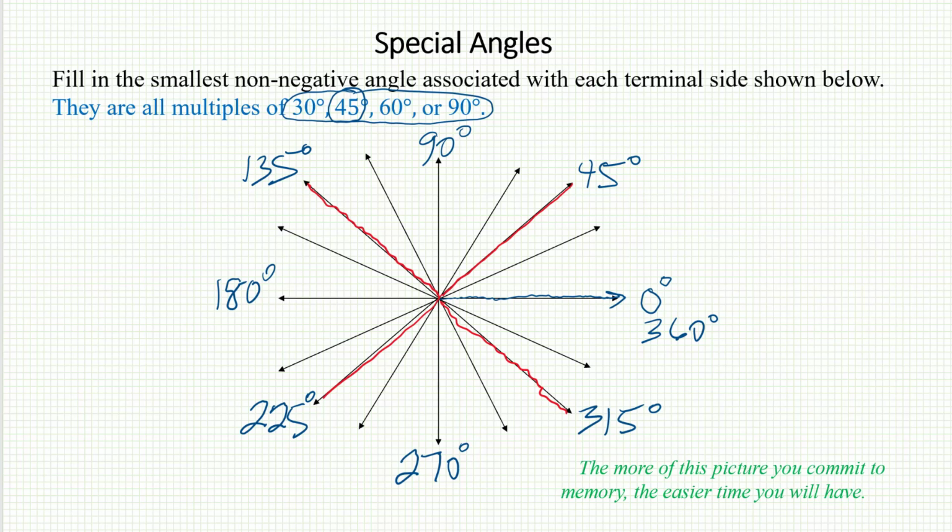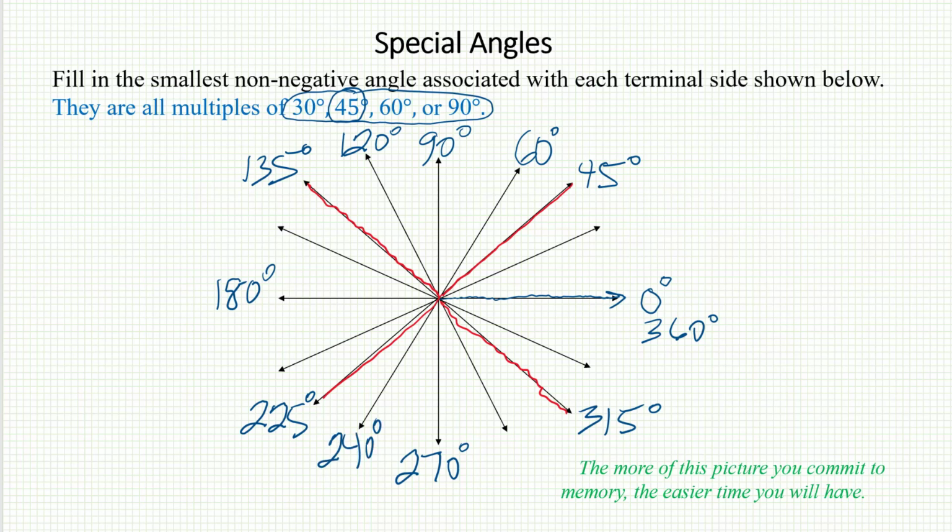How about multiples of 60 degrees? Well, let's see. 60 degrees would obviously be a little past 45, so it must be this one right here. Another 60 degrees would take me to 120 in the second quadrant, followed by 180, which is quadrantal, so I'm not really worried about that one. Plus another 60 would take me to 240, 60 degrees past 180.